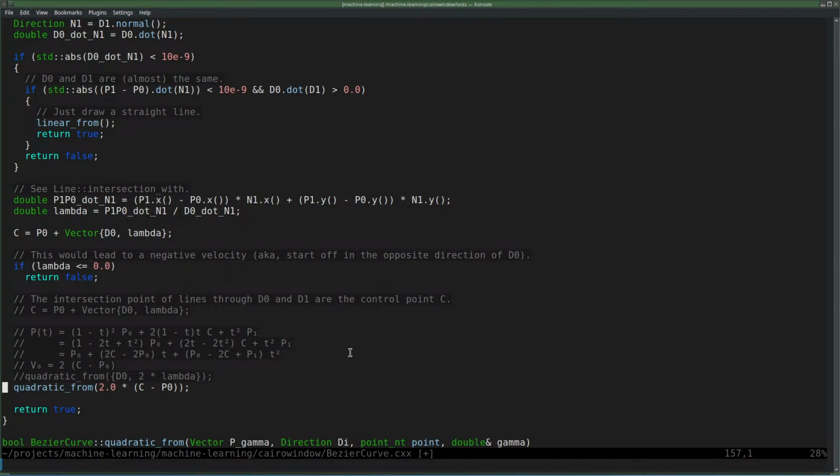From the velocity, so I calculate V0 and then we have P0, V0 and P1. And that's enough to construct the whole quadratic.